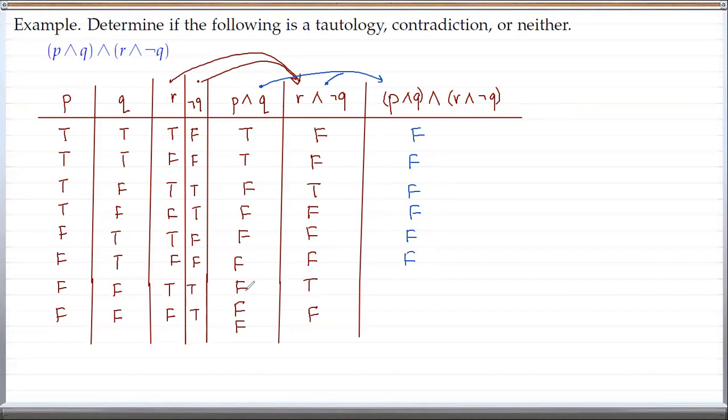We got all of them false. So now, since we got all of them false, we can conclude that this is a contradiction.